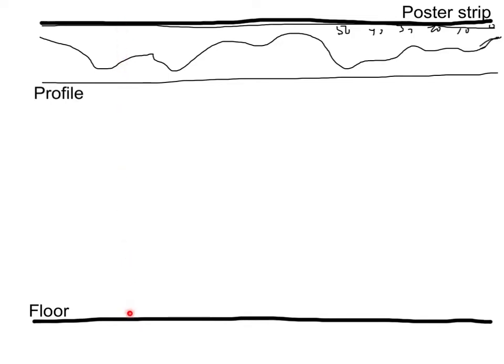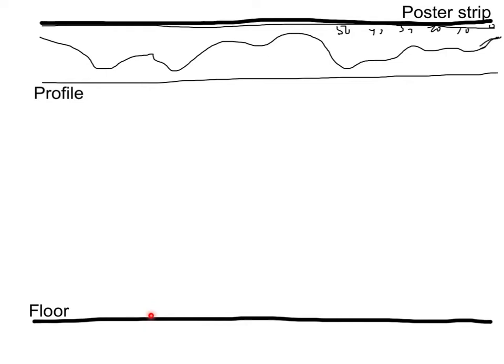And essentially, this distance from the tack strip to the floor is known, and the time it takes the ball to drop is known, so we can calculate an average velocity for that ping pong ball drop.